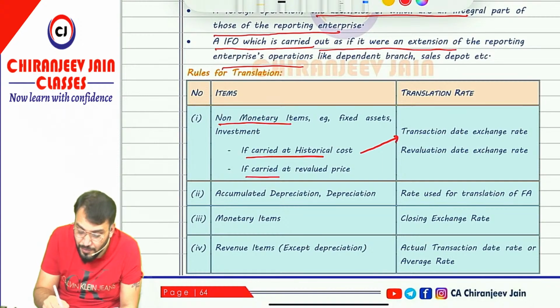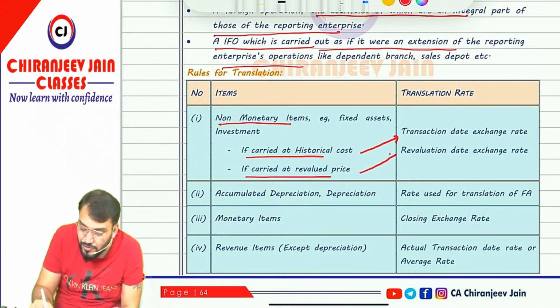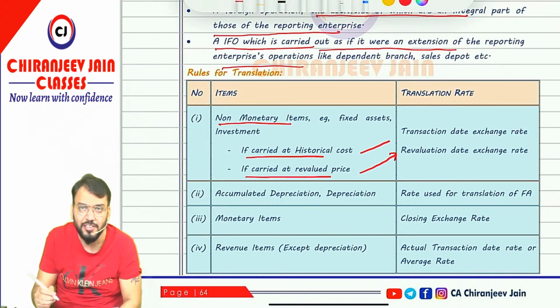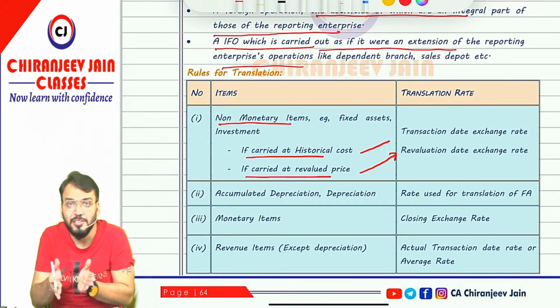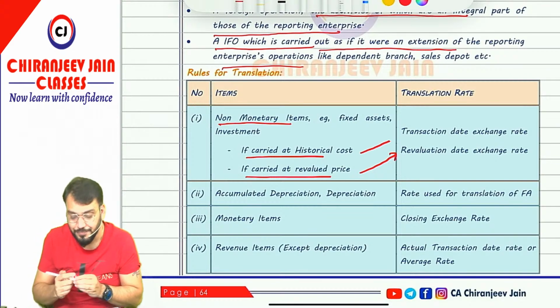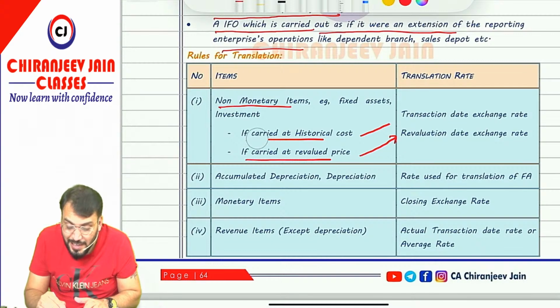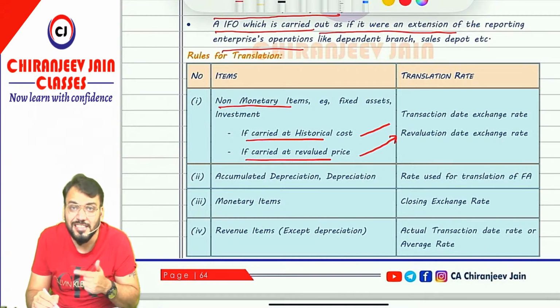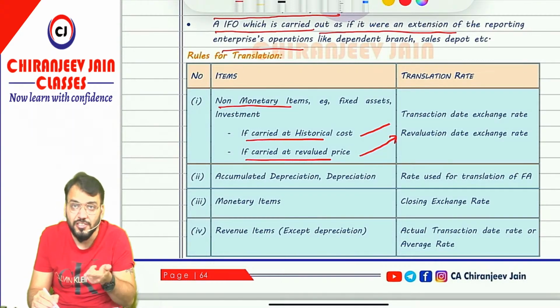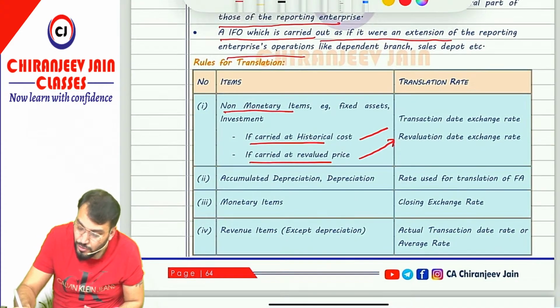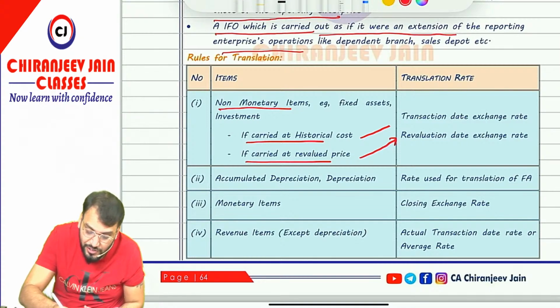If they are carried at fair value, then use the revaluation date exchange rate. However, if the question is silent, always use the transaction rate, because if the question is silent it means it is carried at cost only. So non-monetary items carried at cost use the transaction date exchange rate, meaning when you purchased it, what the exchange rate was at that time. If the question is silent, use the transaction date exchange rate.